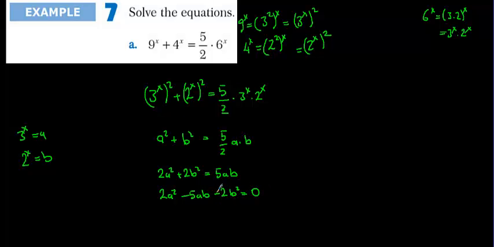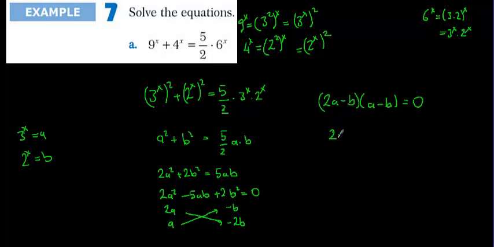This is a quadratic equation, and we can factorize it: 2a and a, minus 4ab, minus ab, and we factorize to get 2a minus b times a minus 2b, which is equal to 0.